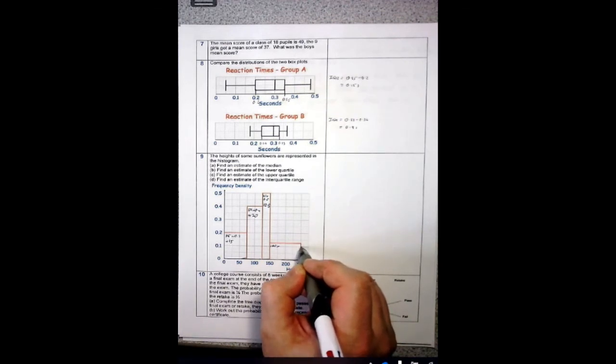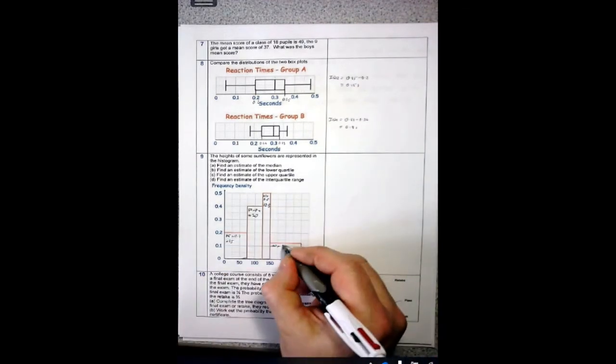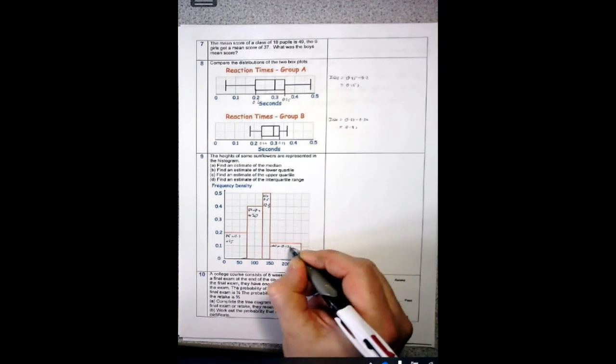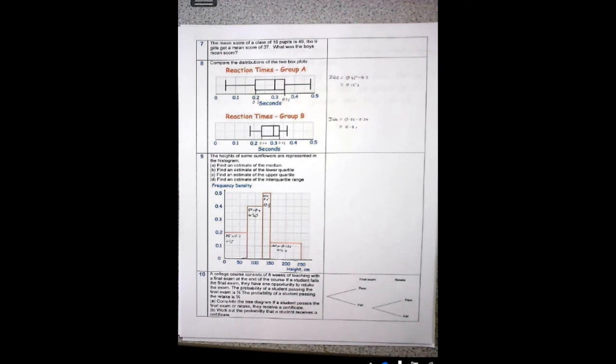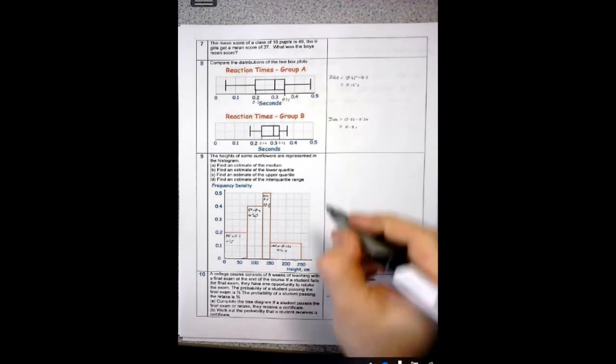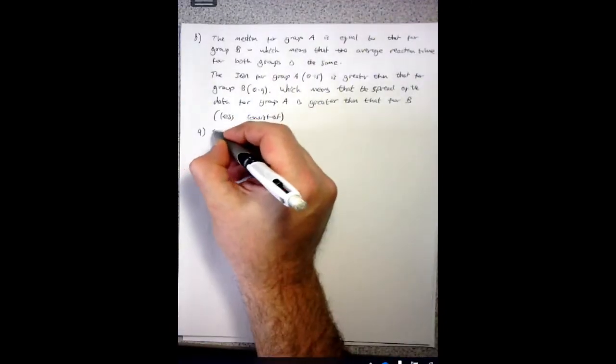Okay, so in total, the total number of sunflowers is 15, add 20, add 12.5, add 12.5, so that's that. 25 plus 15 is 40, plus 20 is 60.